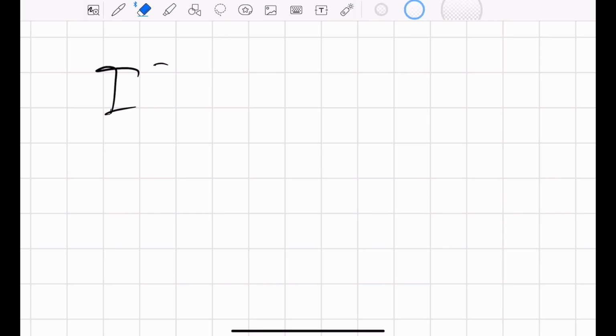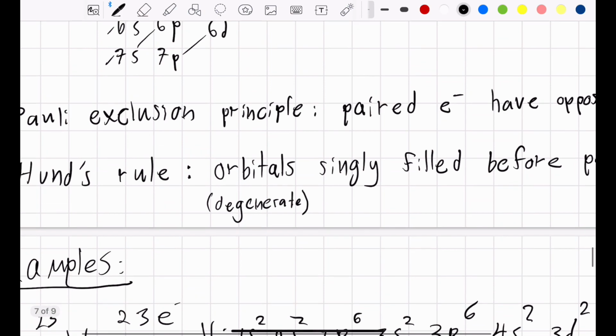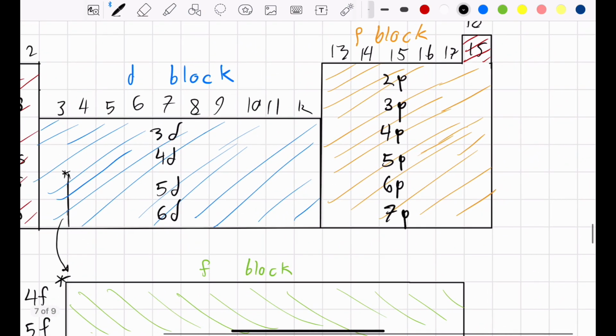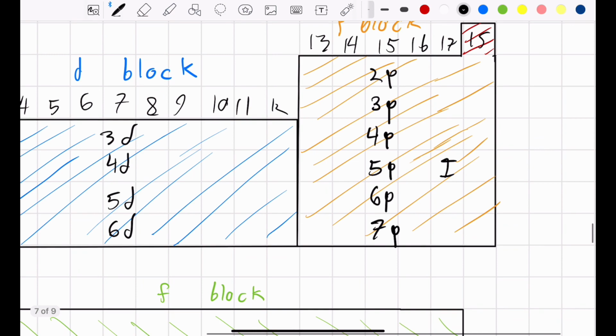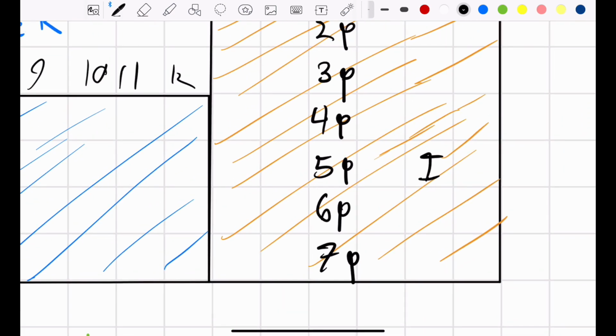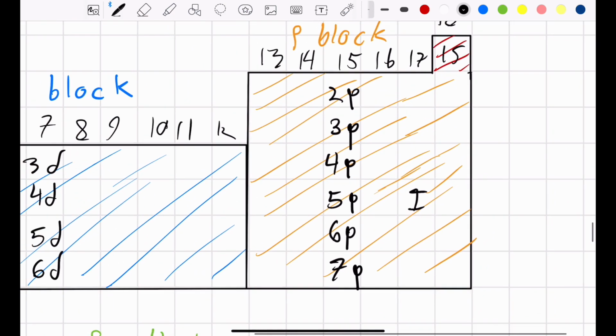So with that information, let's look at our periodic table and try to figure this question out. So we know iodine is here, and we know that it is an ion, so it's going to have a noble gas configuration.